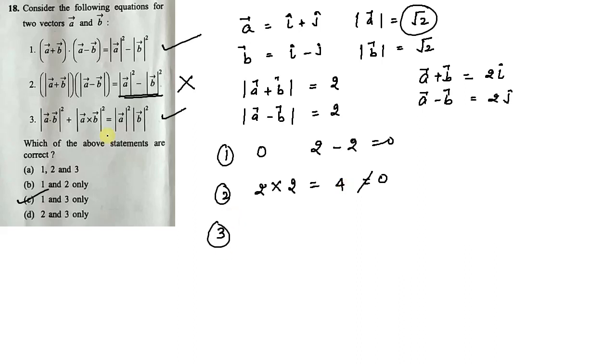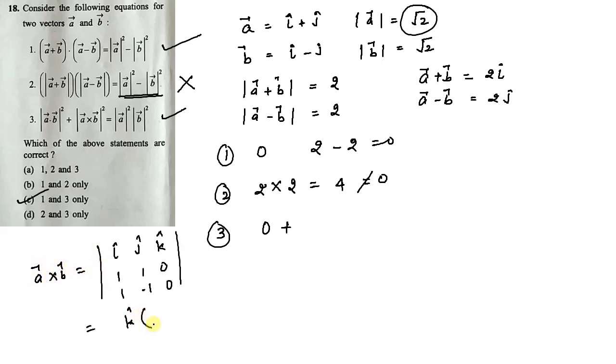Now coming to the third statement, A vector dot B vector is 0, plus A vector cross B vector. A vector cross B vector is nothing but k cap times minus 2. After finding the magnitude, it is 2, and taking the square, that is 4.